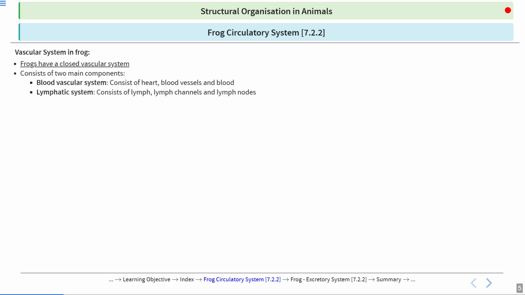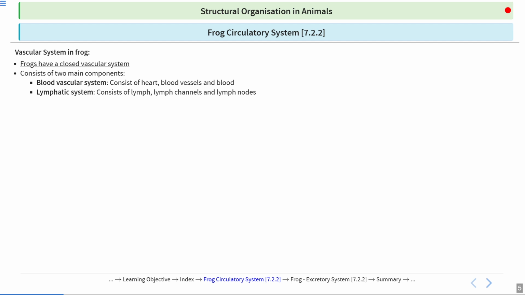So it contains two main components. What are the main components? First one, the blood vascular system. This blood vascular system consists of heart, blood vessels, and blood, right? The very important organ for the circulatory system is the heart, that is the pumping organ.